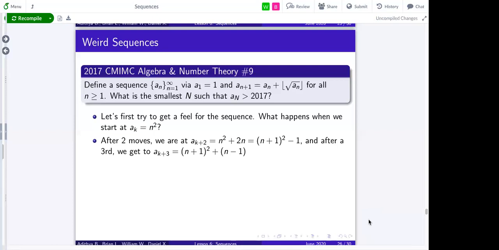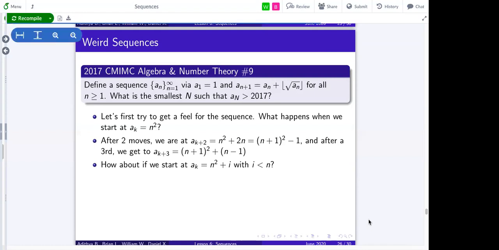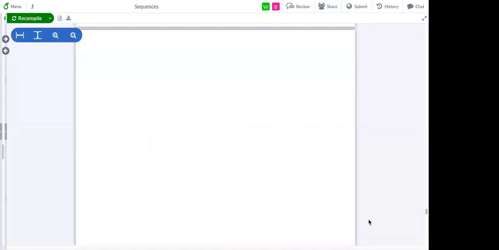So how about we try this, except with some number of the form n squared plus i, where i is relatively small? So what happens when we start with a_k equals n squared plus i? I could probably say that i is also greater than 0. So this time, things occur much in the same way, except after 2 terms, we get a_(k+2) equal to (n+1) squared plus i minus 1.